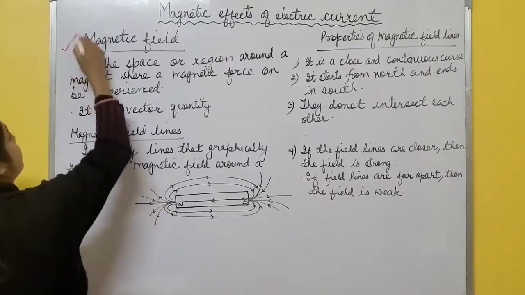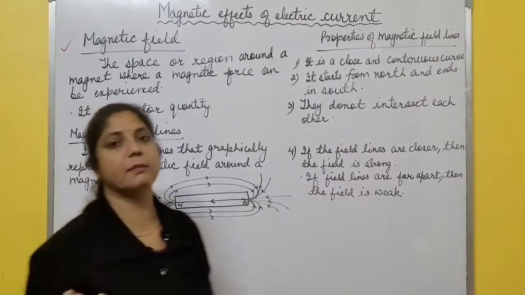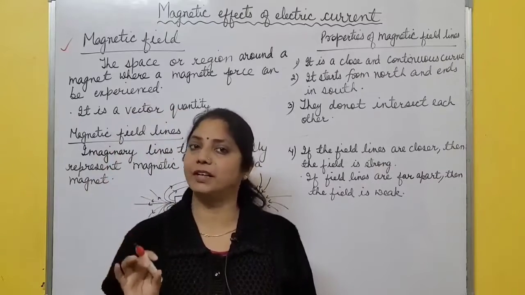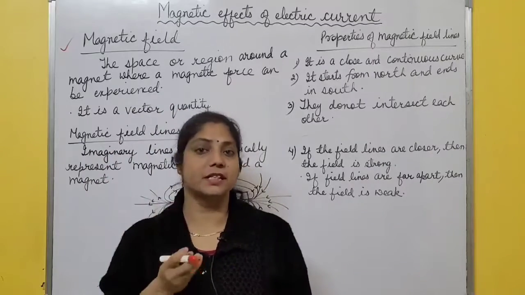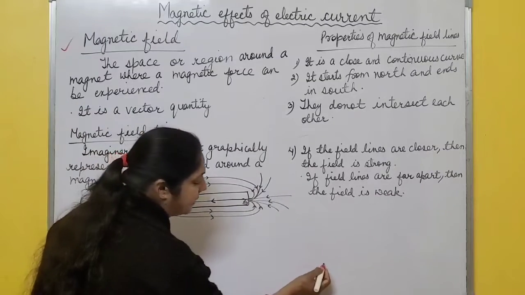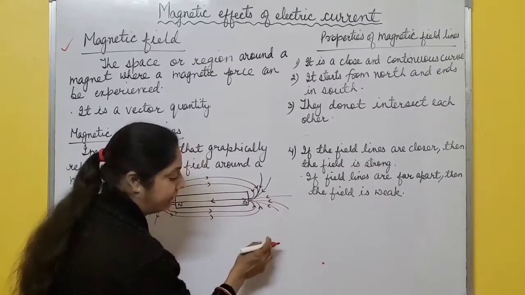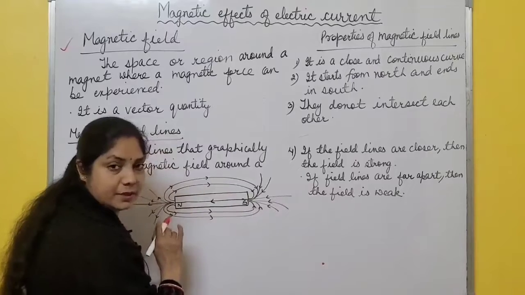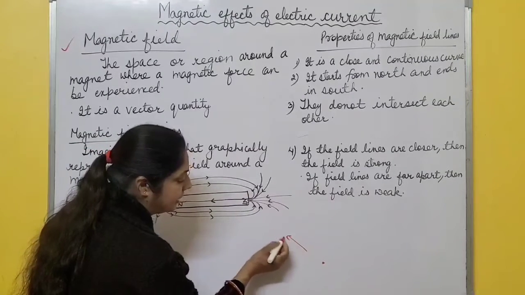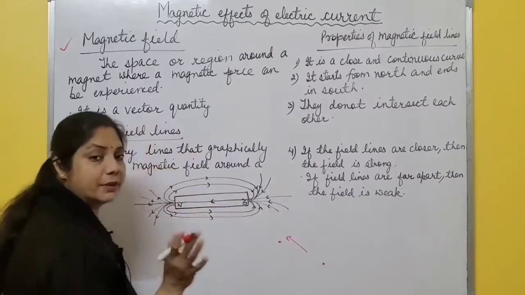Now next is magnetic field. What is this magnetic field? If you put any substance near a magnet, what happens? That substance experiences some force. Suppose one object is kept at this position far away from this magnet, right? Then this substance does not experience any force. If this substance comes closer to the magnet, again at this point, it does not experience any force.